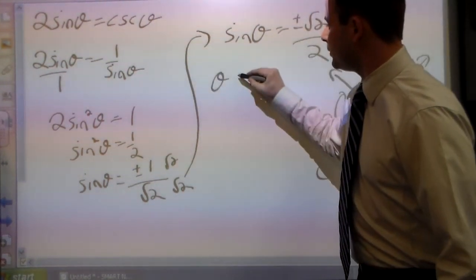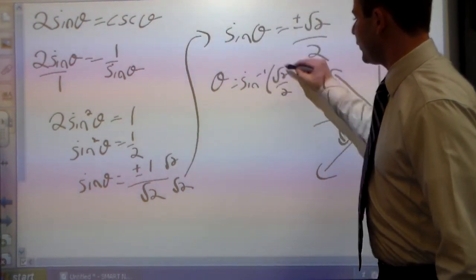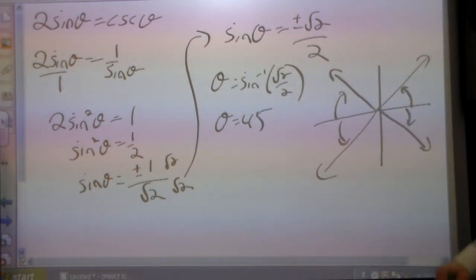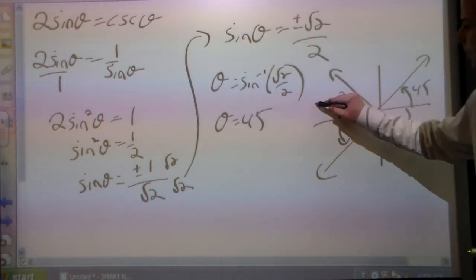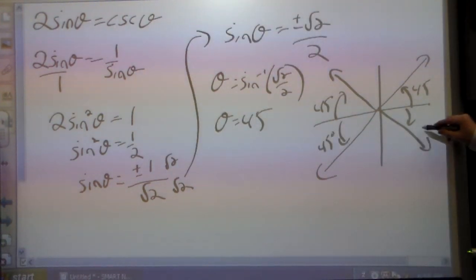The inverse sine of radical 2 over 2 is 45 degrees. So we want to put 45 degrees in the first quadrant, 45 degrees in the second quadrant, 45 degrees in the third quadrant, and 45 degrees in the fourth quadrant.